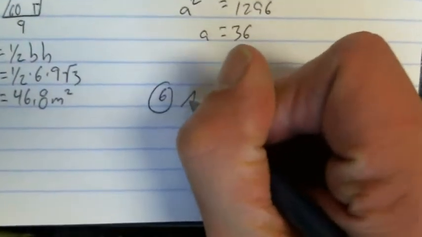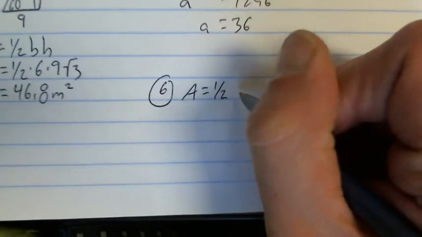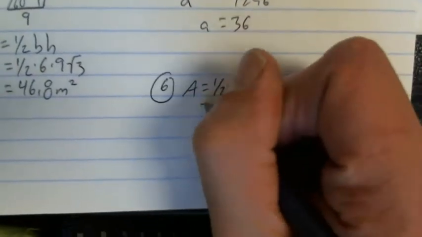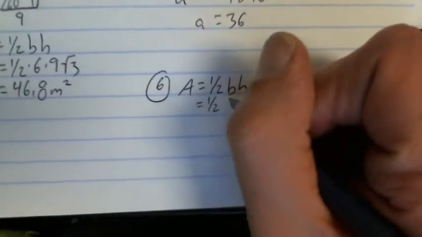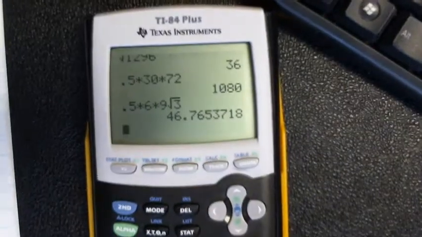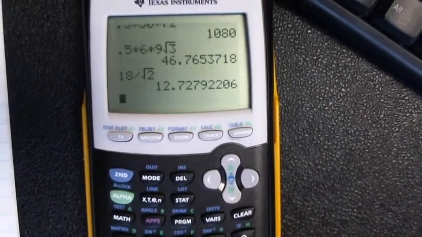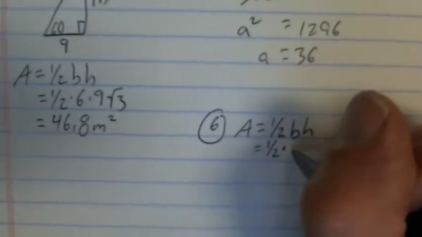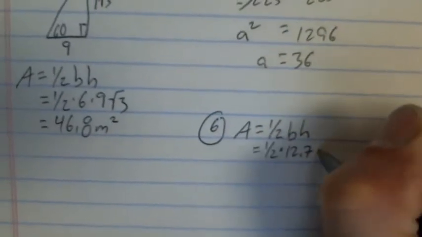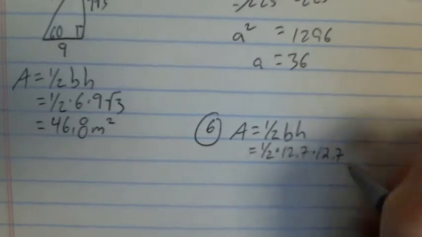This is the area formula. Area of a triangle equals 1/2 times the base times the height. 18 divided by radical 2 is 12.7. The other one, 12.7.